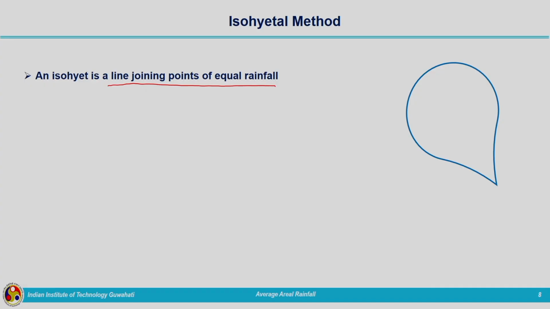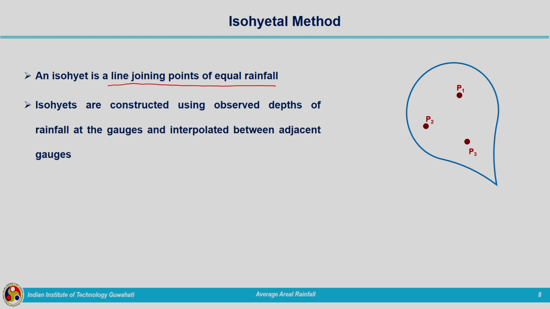So, let this be a catchment. We are having rain gauges P1, P2, P3, and isoheights are constructed using the observed rainfall depths at these gauges and interpolated between the adjacent gauges.